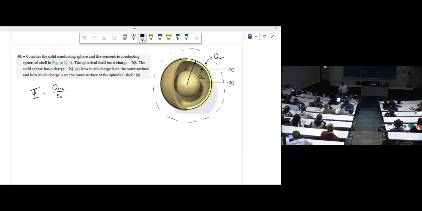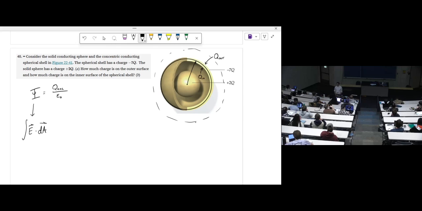According to Gauss's law, if I want to calculate electric flux, then I've got to do the integral of E dotted into the surface area of this black sphere here. What is that flux? The electric flux inside of that sphere is 0.